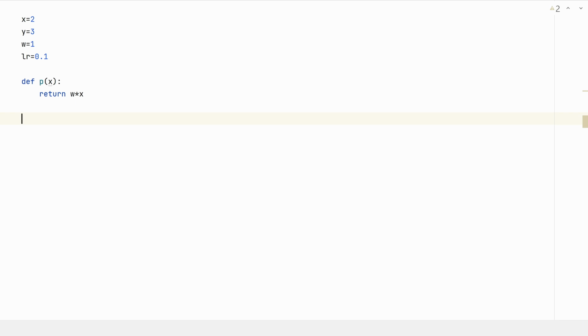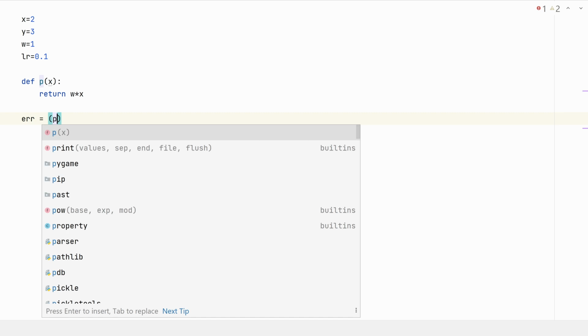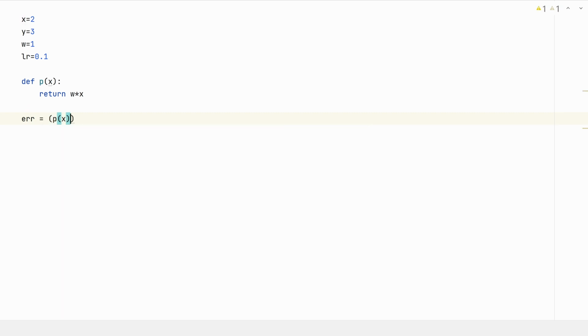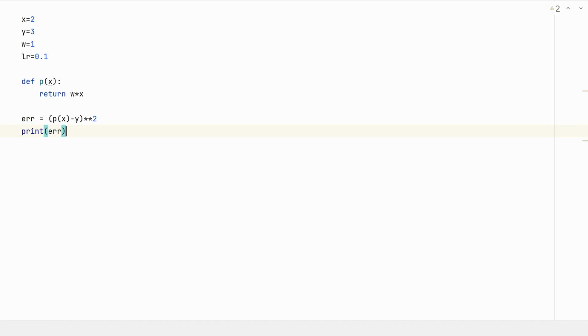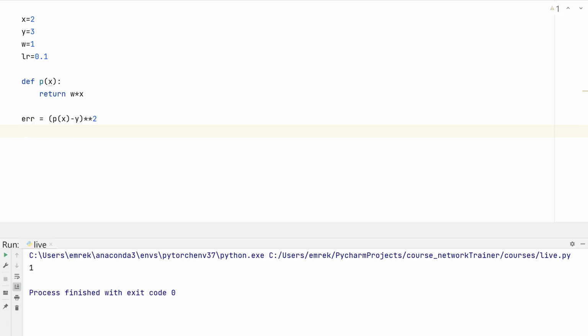With this at hand, our error value at first must be 1 if I remember correctly. Yeah. Now let's find the derivative, then update our parameter, and then check the error again.